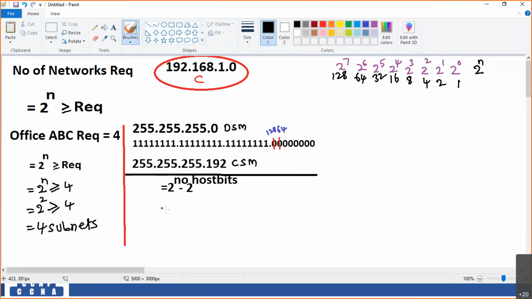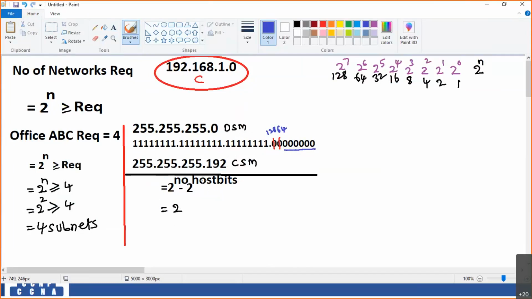First octet all are network bits, second octet network bits, third octet network bits. In the fourth octet, the first two are converted. So the question is, how many host bits remain? That is the point.